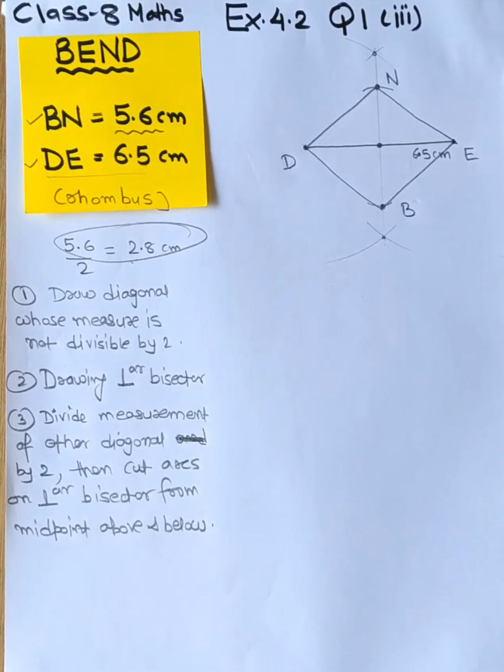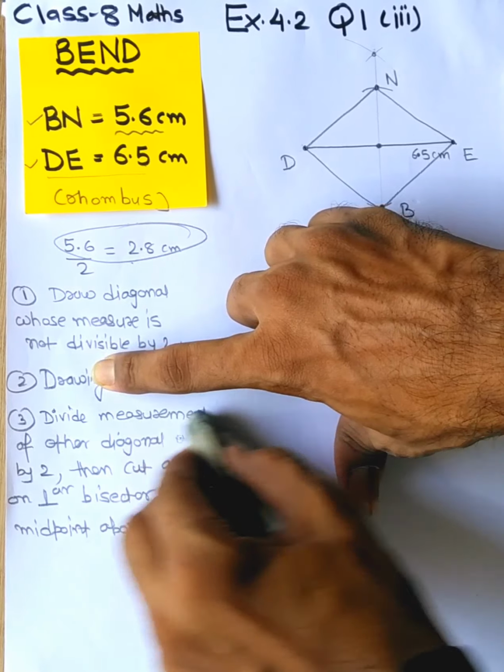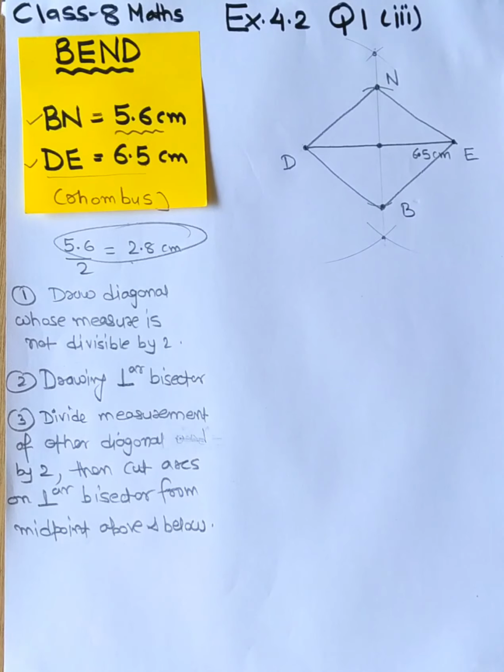So these 3 steps I have only written for your convenience. Don't think that you have to write these steps in your notebook. Don't write. This is a trick that I gave.